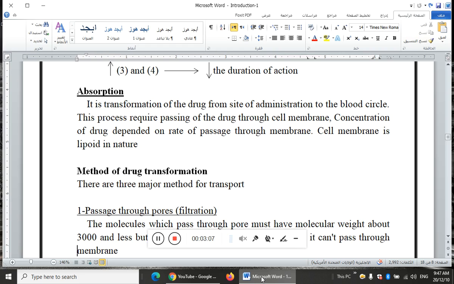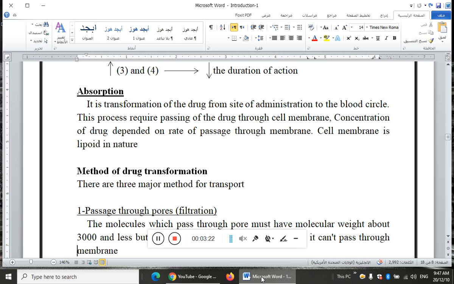Of course, this process, as you know, requires passing of the drug through cell membranes.